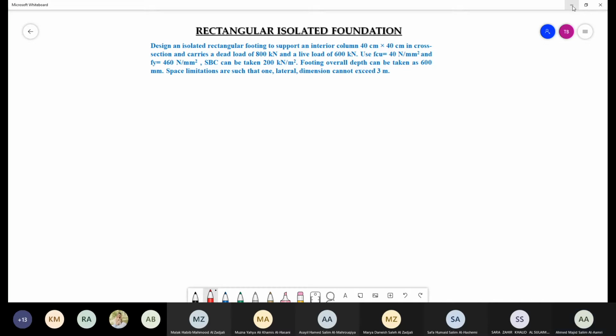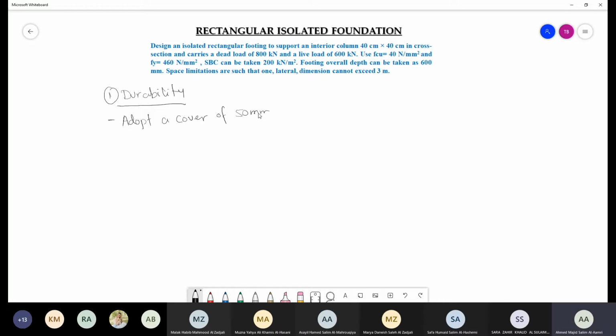The first thing that we need to do is to check for durability, in which we are going to adopt a cover of 50 mm. So that's the first point.